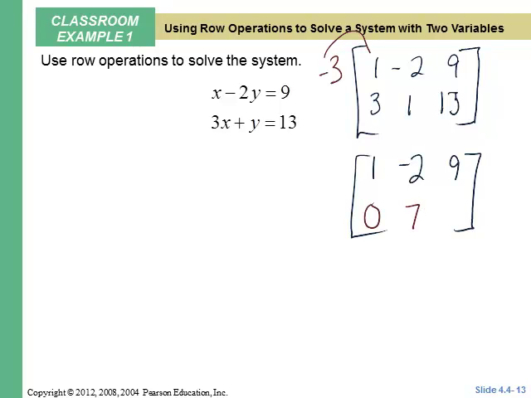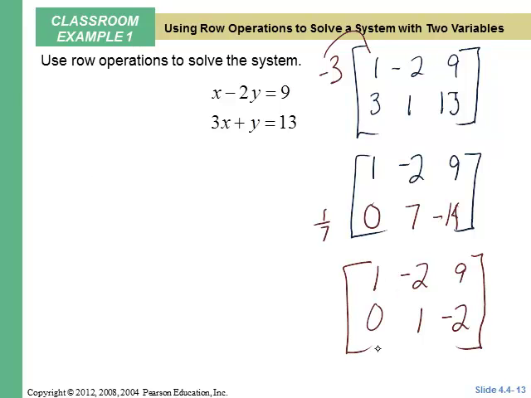Negative 3 times 9 is negative 27, add 13 is negative 14. Now we're going to multiply this row by 1/7, so that the first row is 1, negative 2, 9. The second row is 0, 1, negative 2.